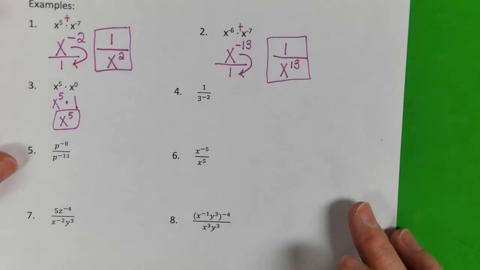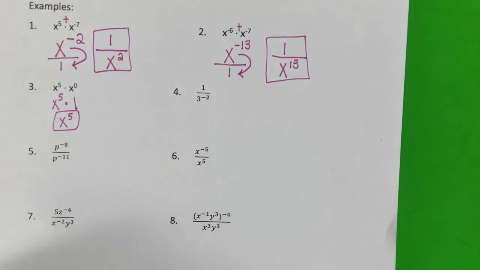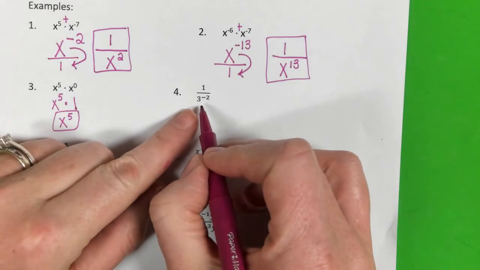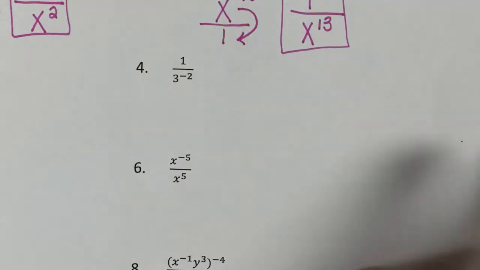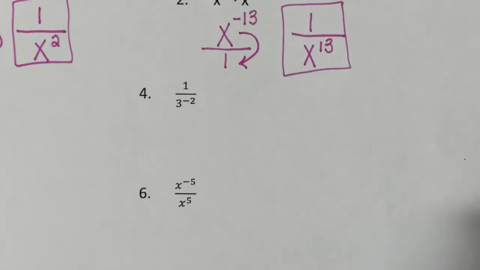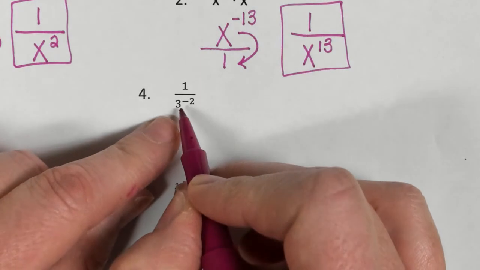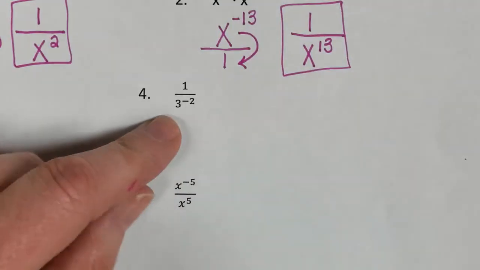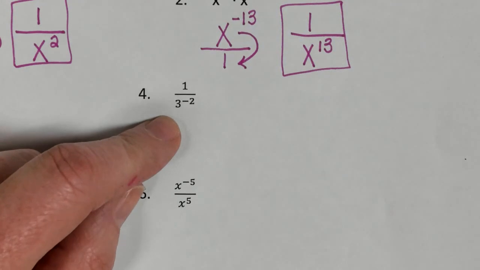Okay, number 4. This time, our exponent is in the denominator. What I'm going to tell you right now is that 3 to the negative 2 power does not mean negative 9. You cannot calculate this in your mind without making it positive first.